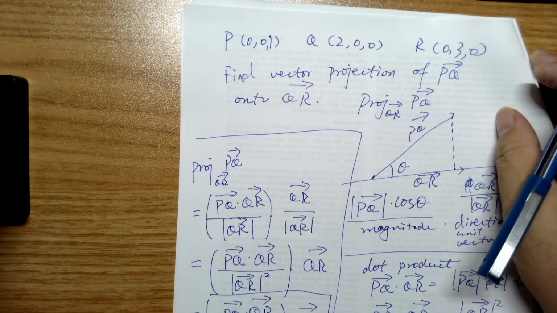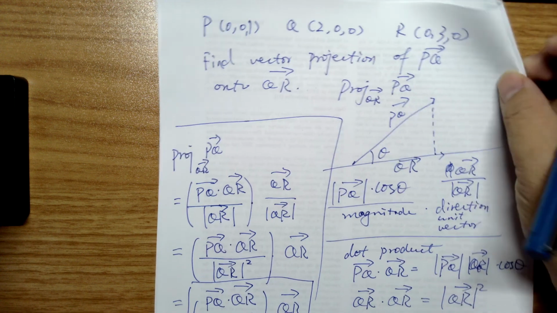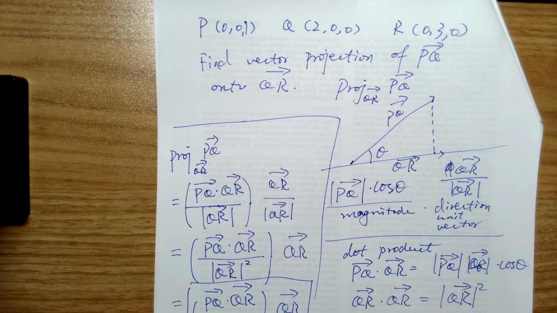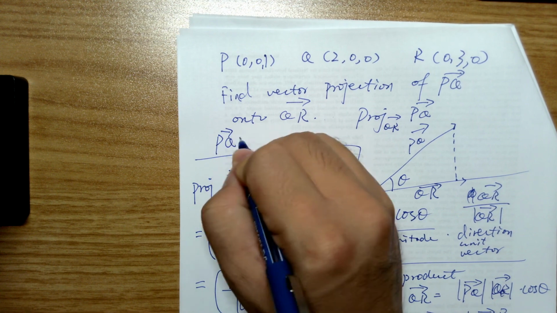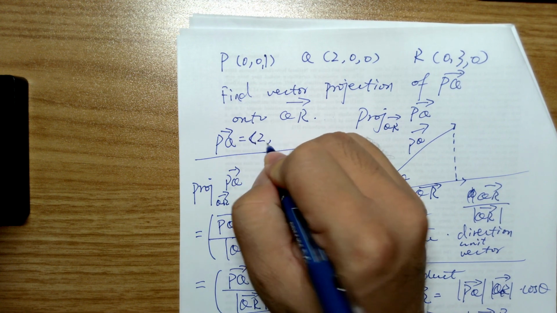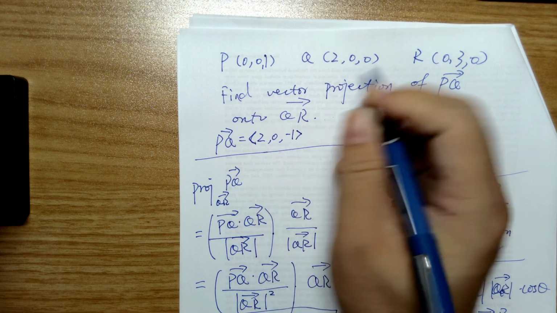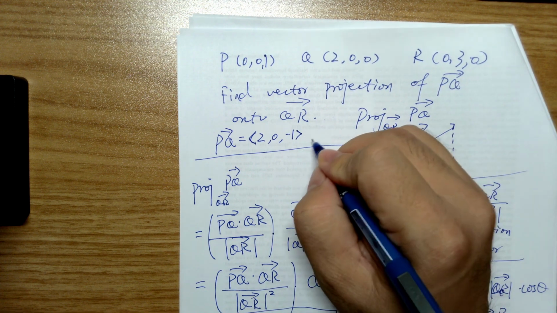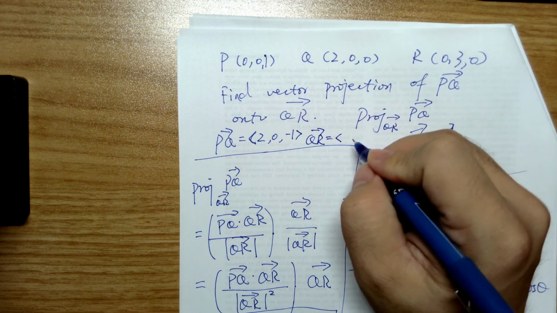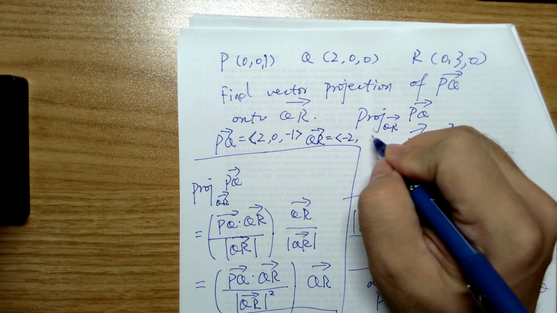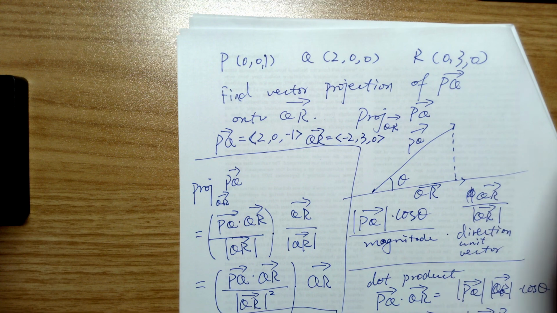As you can see, vector PQ is going to give us 2, 0, negative 1. Vector QR is going to give us negative 2, 3, 0.